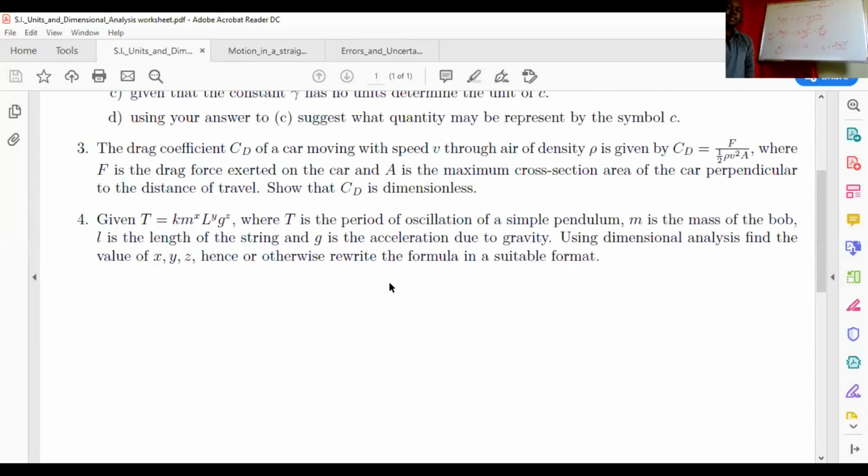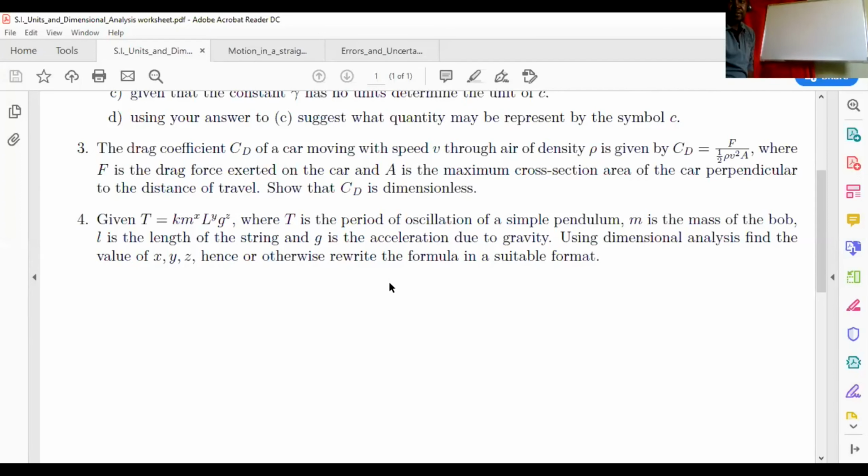All right, so using that same principle, we're going to do question 3. But this time we're finding what CD unit is. And it says that we need to show that CD is dimensionless. And dimensionless would mean that it has no unit.